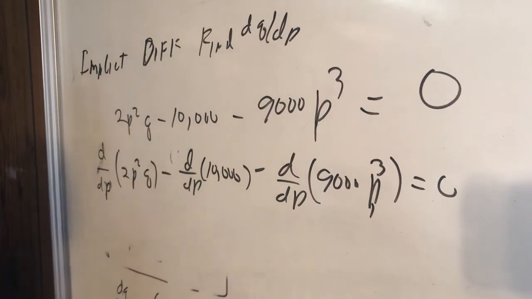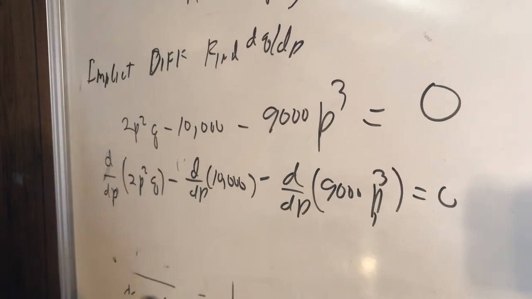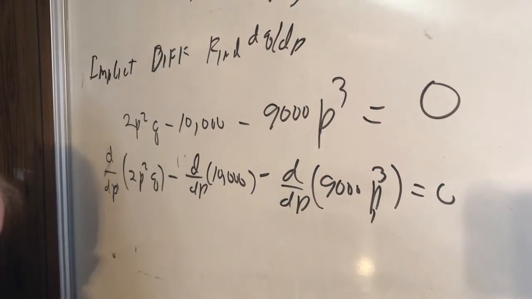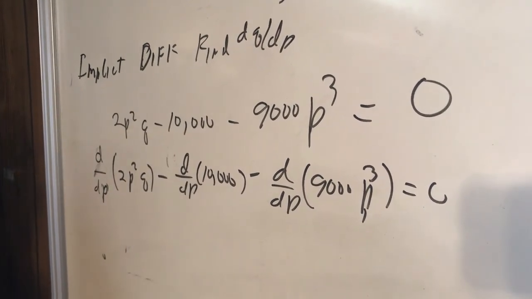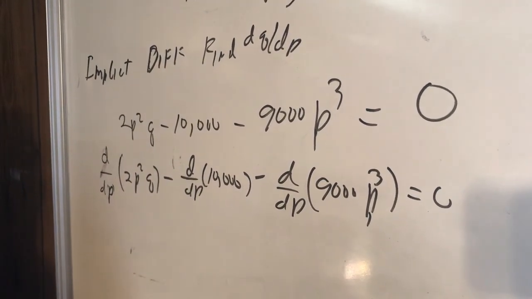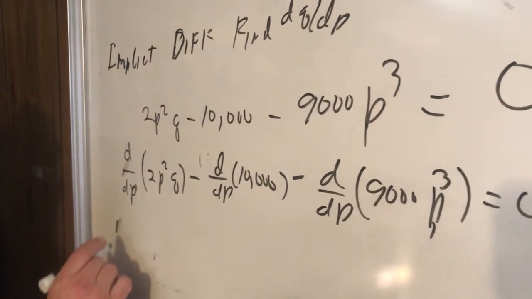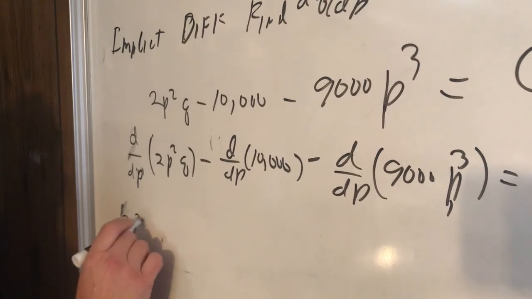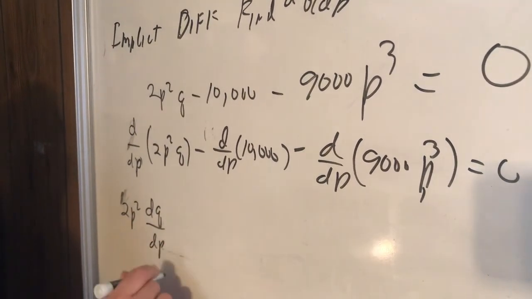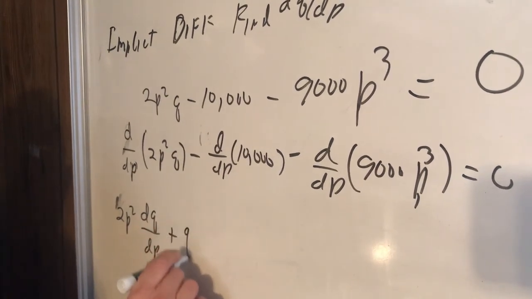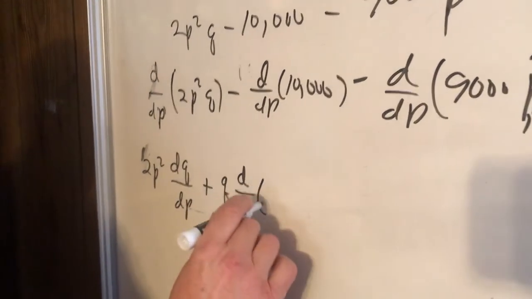Okay. Now, notice the first term is a product rule. So let's set this up as the first term times the derivative of the second term with respect to p, plus the second term times the derivative of the first term with respect to p.